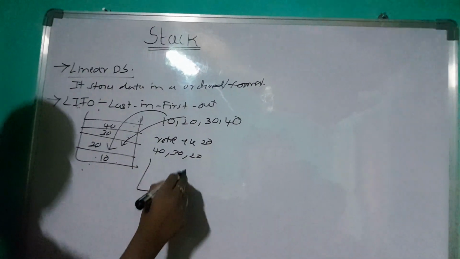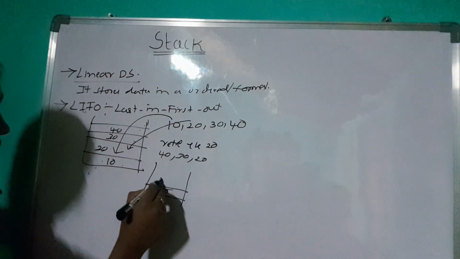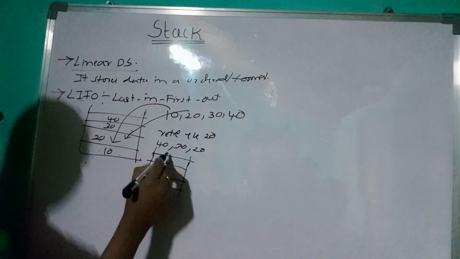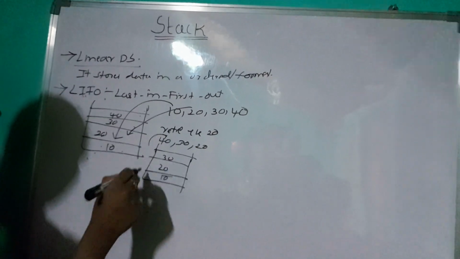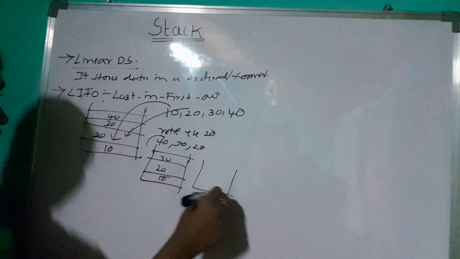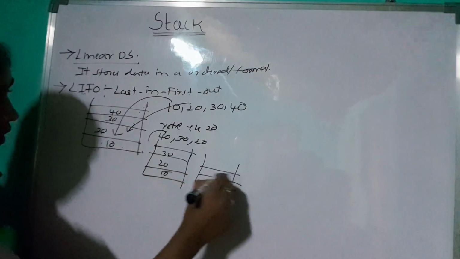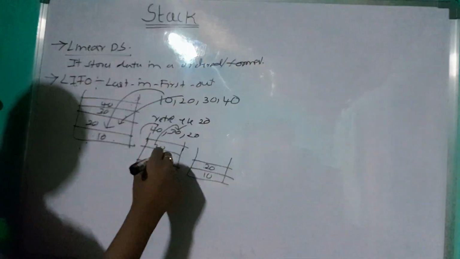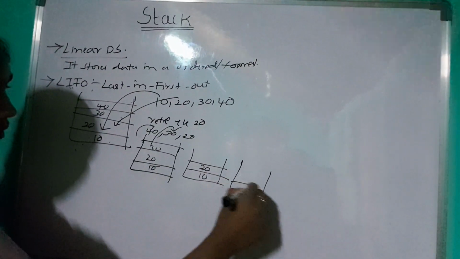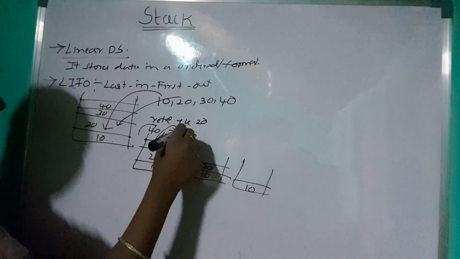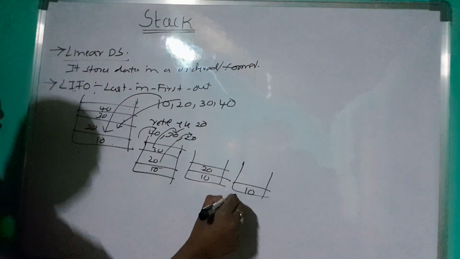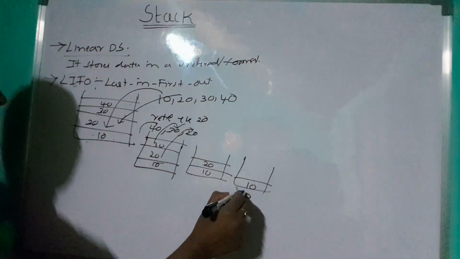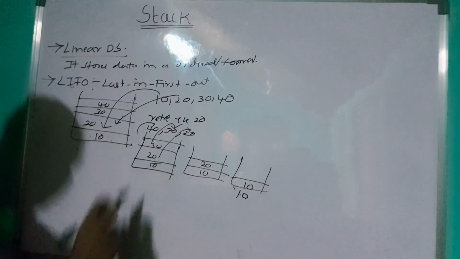First we retrieved 40, then 30, afterwards 20. Now in the stack there is only one element, that is 10, because we retrieved all the other elements.